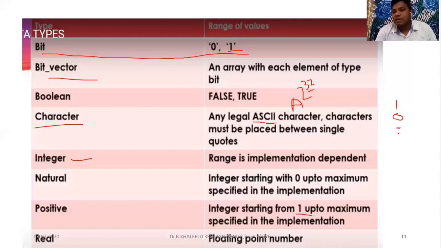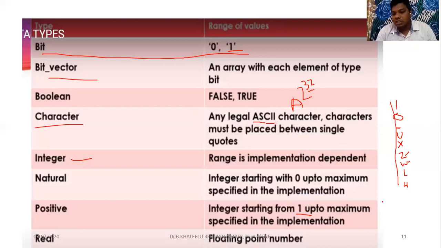Then we have U for unknown, X, then Z, then W. Z is for high impedance, W is weak. Then we have low and high. There are 9 values associated with std_ulogic.